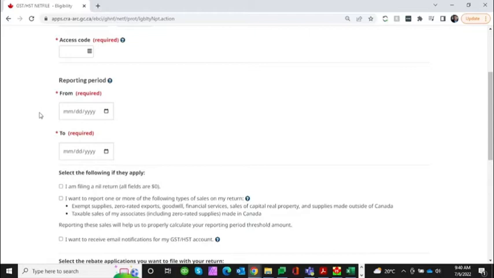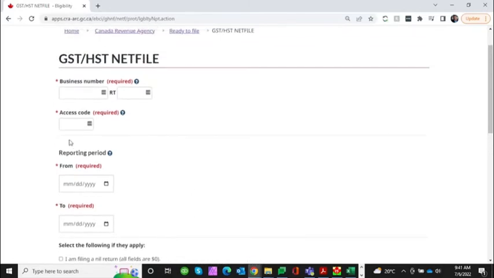While you register for HST, you opted for quarterly reporting, which means you need to file 4 times a year, or annual reporting, which is once a year at year end. And if this is not your first time filing, and you're an annual filer, then naturally your reporting period will be from the 1st of January of that year to the 31st of December, the last day of that year.